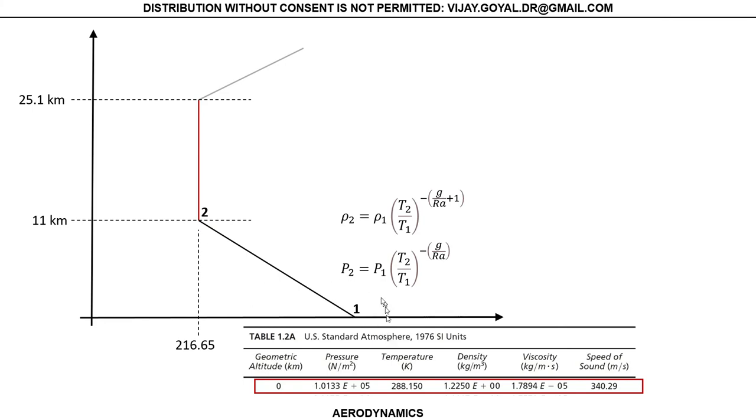Okay, so this is sea level. This value is nothing else than sea level, and these are the properties at sea level. The ones that we want to find now are at point 2.